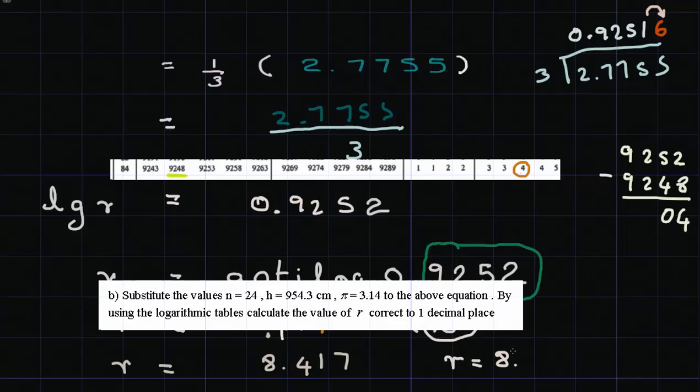So when you round to 1 decimal place, you just write the 4 as it is. Why? The digit next to it is less than 5. So R equals 8.4. Within brackets, you can say correct to 1 dp, decimal place. All right, so we have found R's value using the logarithmic tables.